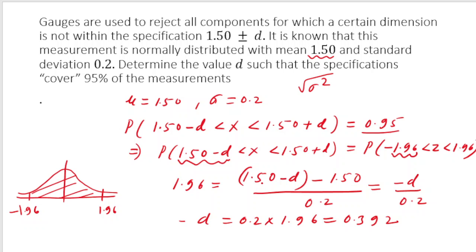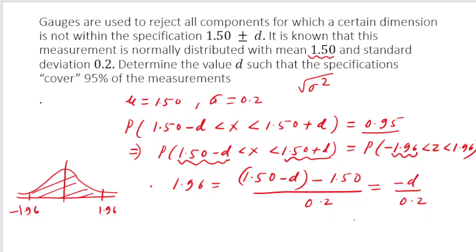I hope you have understood the point. To avoid this confusion, because some of you may get confused, I am using the term 1.50 plus d and comparing it with 1.96.